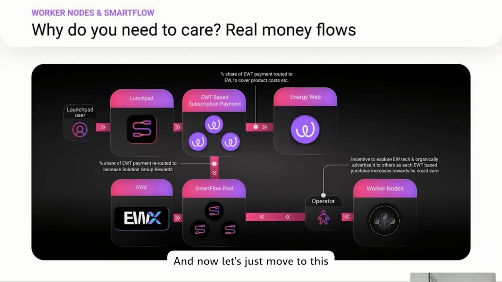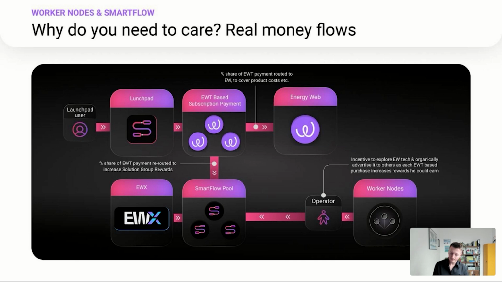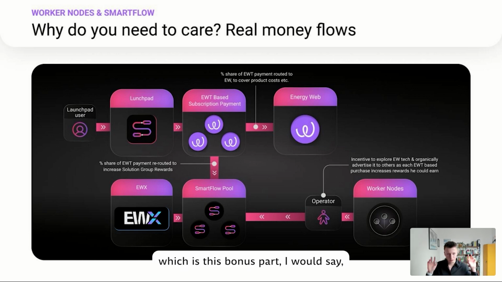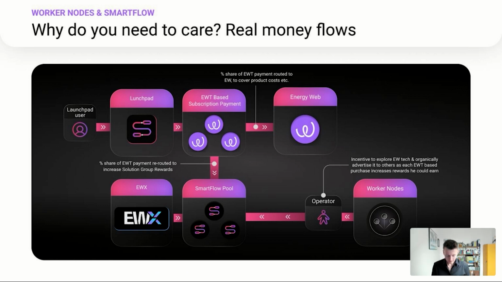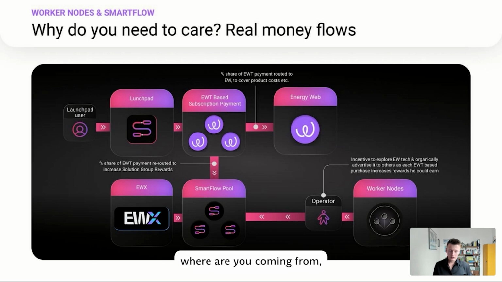And now let's move to this final piece that I wanted to discuss, which is this bonus part, I would say. Because you heard about all of those themes that I talked about, and depending on where you are coming from, it might be of less or more interest to you.